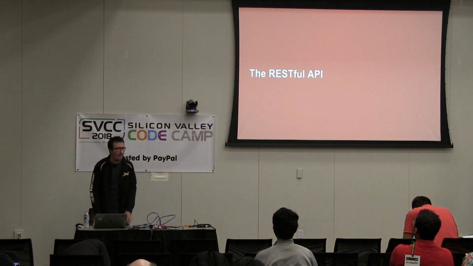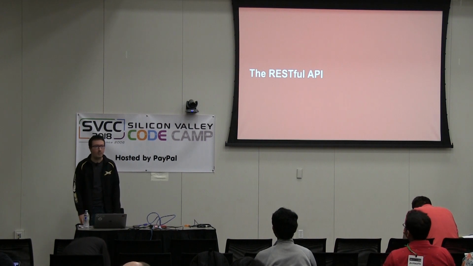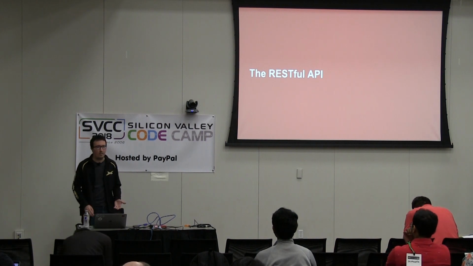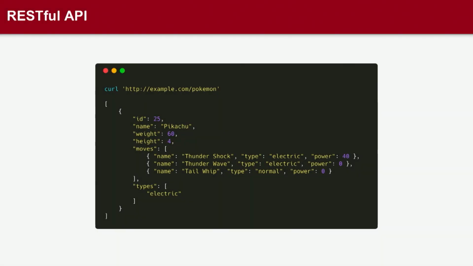So before we take a look at why we should even bother using GraphQL, let's take a step back and look at the REST API approach. A lot of you might be familiar with this. Is this visible? Do we need to turn off a light maybe, or it's good? Yeah, so a lot of you might be familiar with something like this. This is a fictional API.